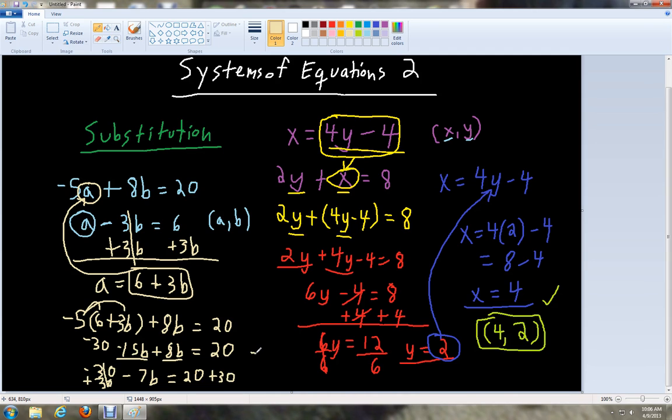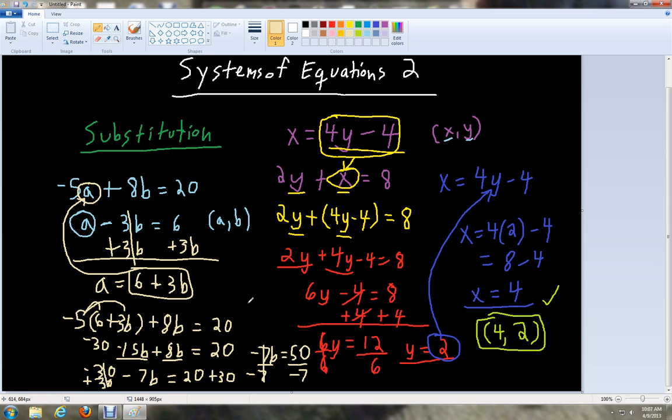So we'll have negative 7b equals 20 plus 30 is 50. And then we divide by negative 7, and then we'll get b that way.